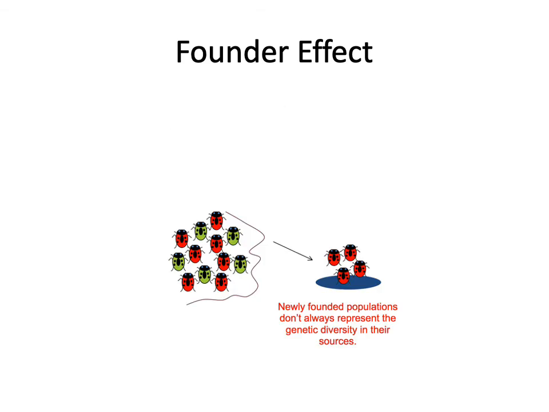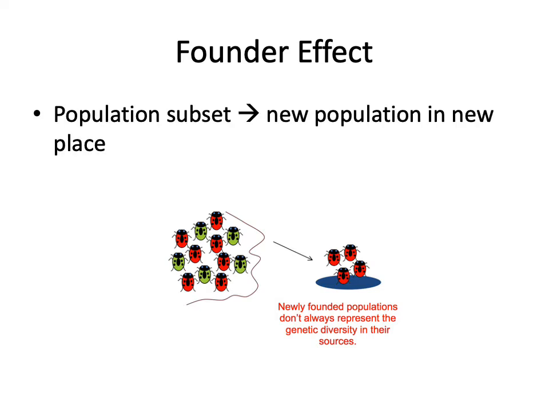Another type of genetic drift is called a founder effect. What happens is a small subset of a population founds a new population in a new place. And the ones that found a new population are just randomly genetically different than the original population.